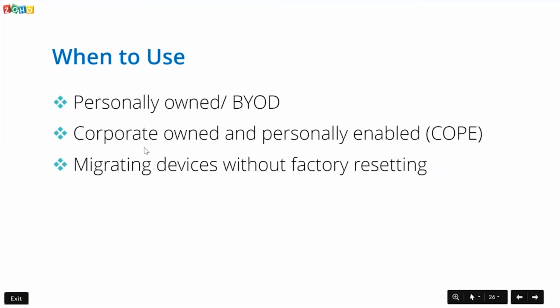The next scenario is if it is a device that you have distributed from your organization, but it is personally enabled. So this can be devices that you have distributed from your organization, but you are allowing users to access personal data on this as well. So you need to find a way to segregate the personal and corporate data. And the last scenario is if you are migrating devices without a factory reset.